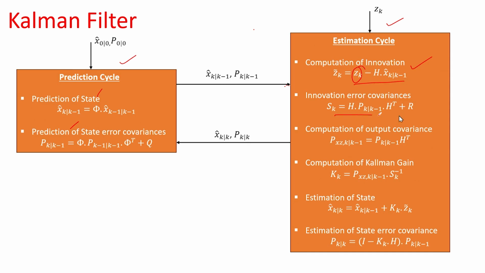You calculate the innovation error variance, once you get the innovation covariance, the output error covariance, you compute something called the Kalman gain, that is the correction factor. So, your prediction plus your correction, Kalman gain times residual, will give you the estimated state and estimated state error variance, and it is preparing for the next cycle, the cycle repeats. So, this is all about the Kalman filter. I hope this is understood.